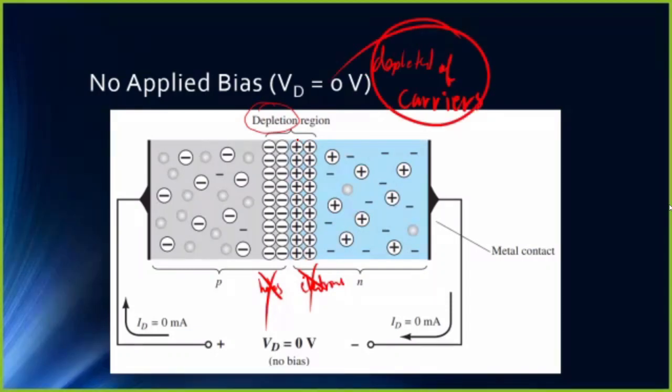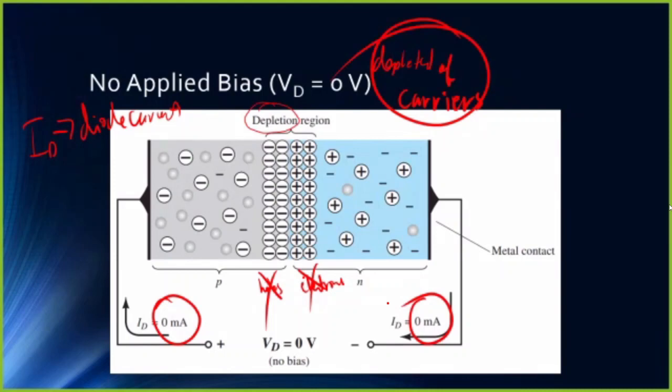Okay, so isipin nyo, dalawang layer. P-type at N-type. The question is, may kuryente ba? May kuryente bang dumadaloy? Wala. So, the current is represented by I sub D. I sub D is what we call the diode current. So kung mapapansin nyo dito, ang value niya ay 0 milliampere.